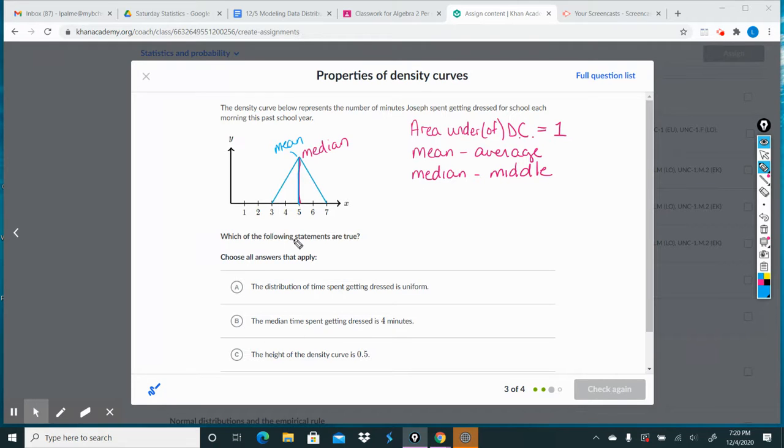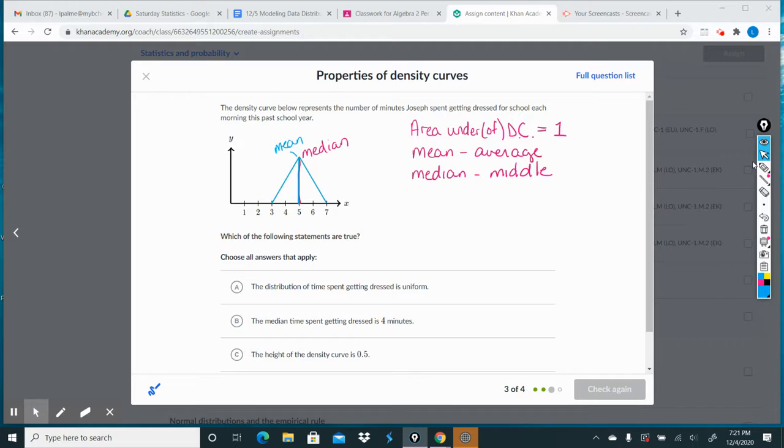So we want to know which of the following statements is true. Check all that apply. The distribution of time spent getting dressed is uniform. Now, in order for something to be uniform, it needs to be the same throughout the whole time spent getting dressed. In our case, our density curve starts going up, it peaks, and then goes back down.